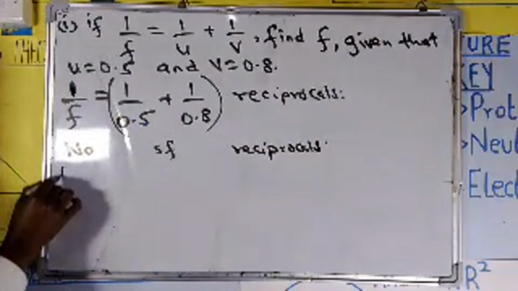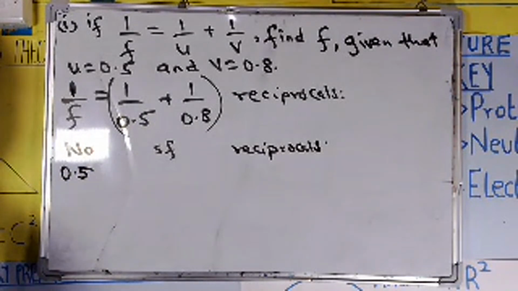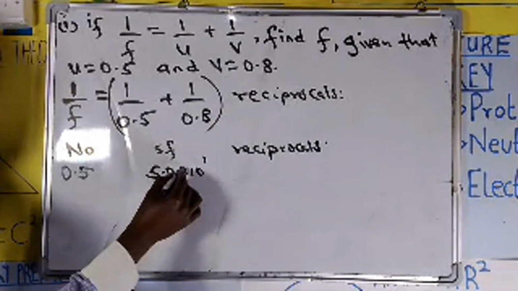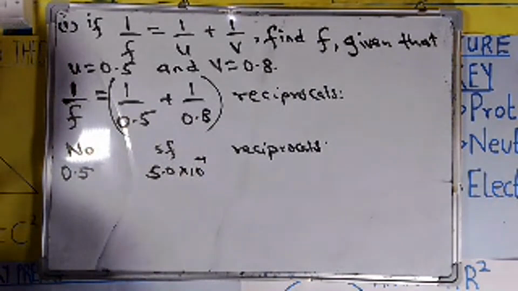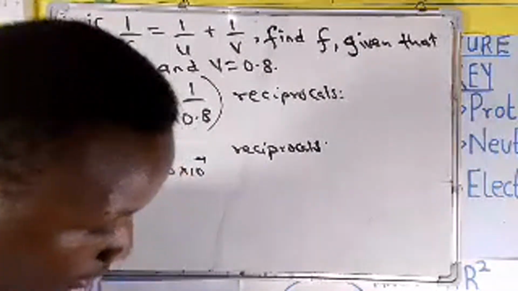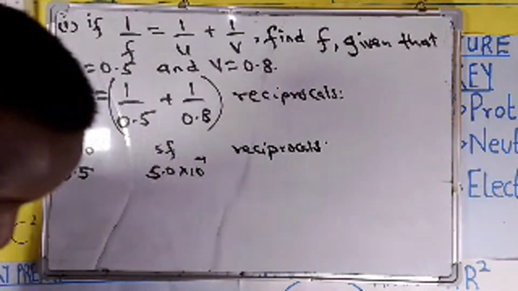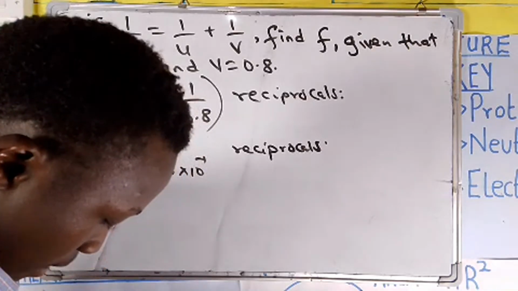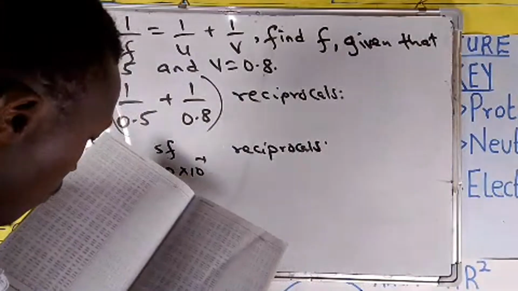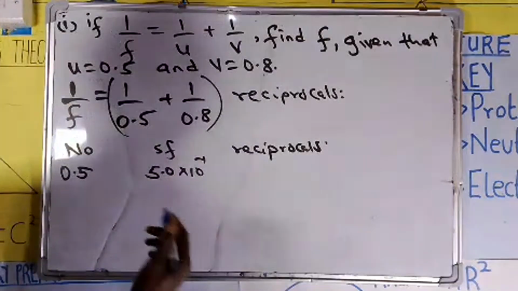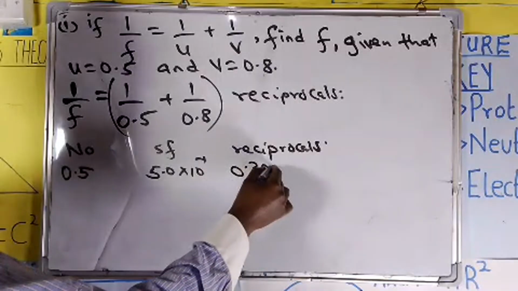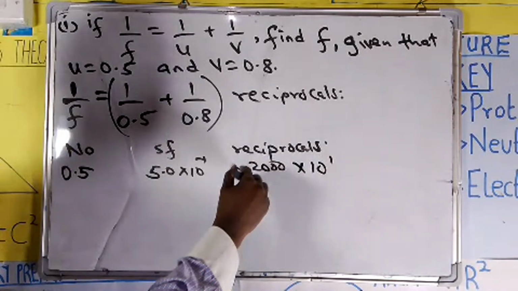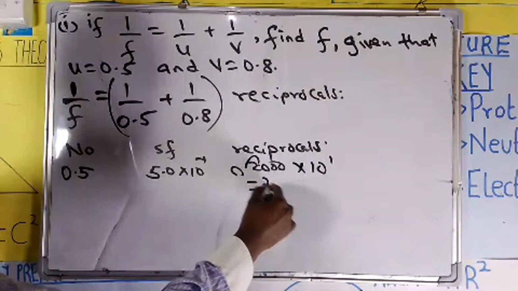So we have 0.5. Our standard form will be 5.0 times 10 to power negative 1. Our reciprocal will be 0.2000 times 10 to power 1, which is equal to 2.